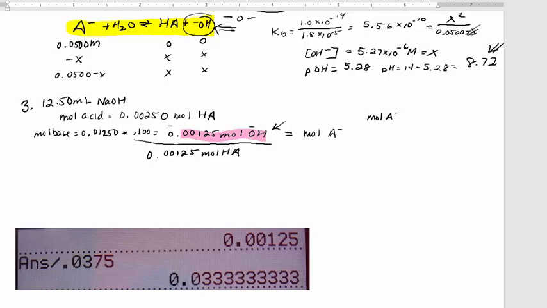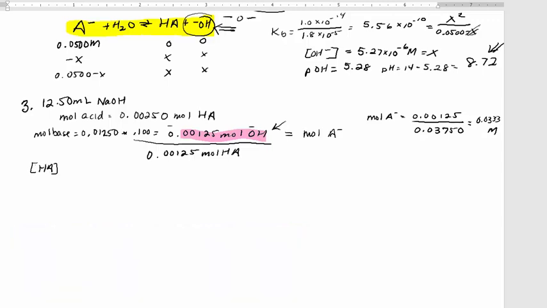So the moles of my conjugate base, 0.00125, divided by the total volume now, which is 37.5 milliliters, gives me a concentration of 0.0333 capital M molar. Now that also happens to be the concentration of my HA, purely because we had the same number of moles.